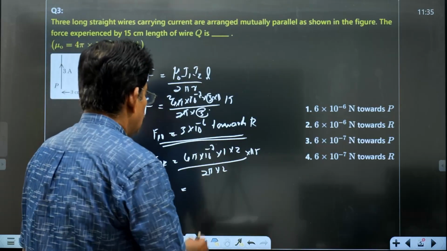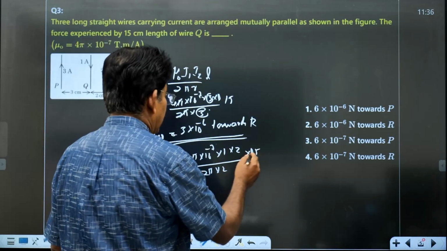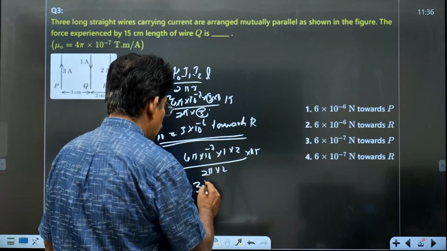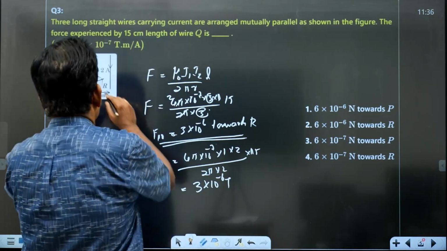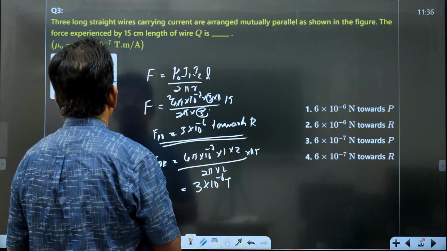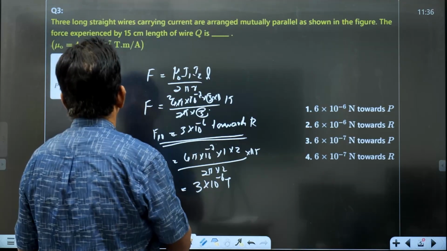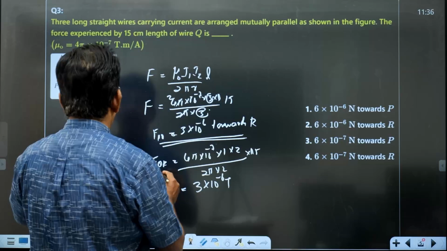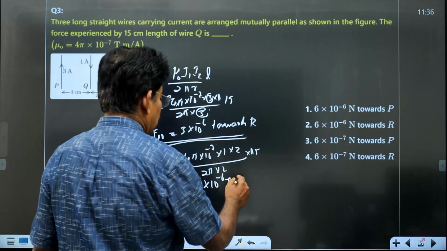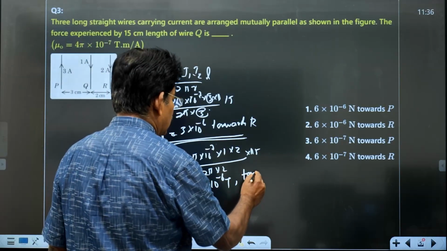Separation is 2. 2 pi, 4 pi get cancelled. Again, this is also coming to be 3 into 10 to the power of minus 6 Tesla. Here both are in the same direction. Current is again attraction. So force on Q by R, that is an attraction, that will also be towards R.